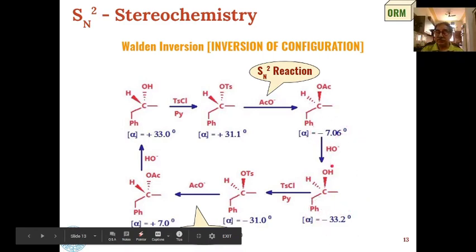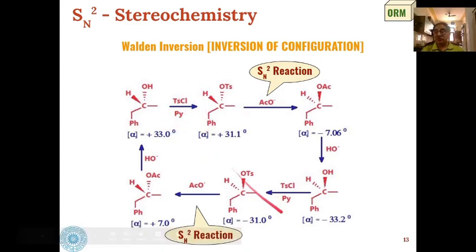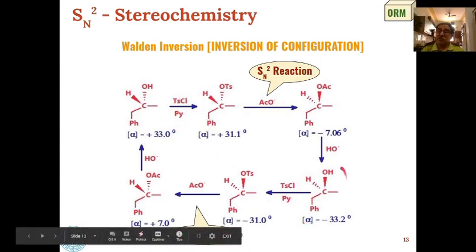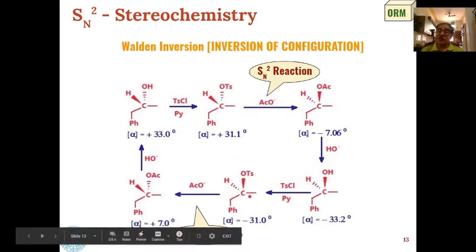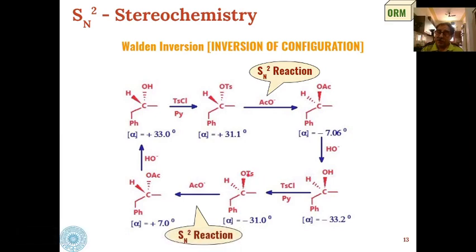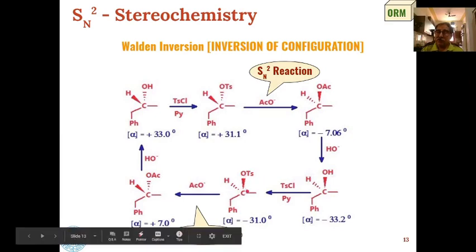And again this alcohol was reacted with tosyl chloride, paratoluene sulfonyl chloride, in presence of pyridine, as we have done in the first step. Again this OH will be converted into tosylate, and because here also the bond affected will be this oxygen hydrogen bond, with no effect on this bond, the configuration will remain the same as in the substrate.